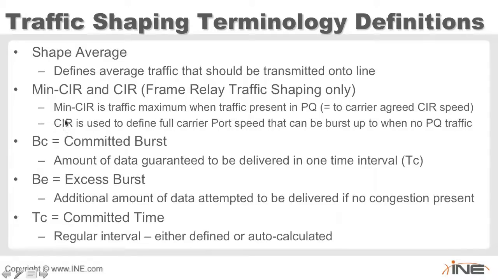This is the additional amount of data that can be attempted to be delivered if no congestion is present. We're going to talk a lot more about when these get used. And then T sub C, or the committed time, is a regular interval, either defined or automatically calculated, typically calculated by the token bucket theory, which is what we're about to talk about next. But we had to define these first.